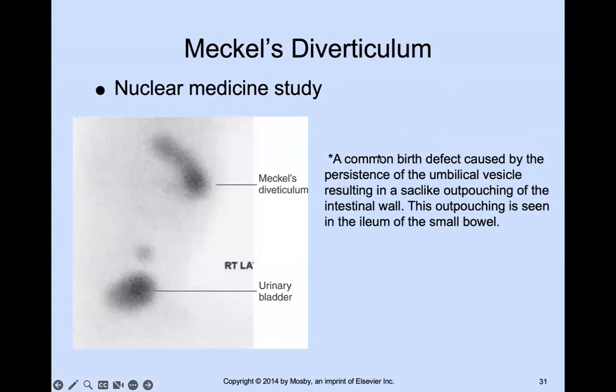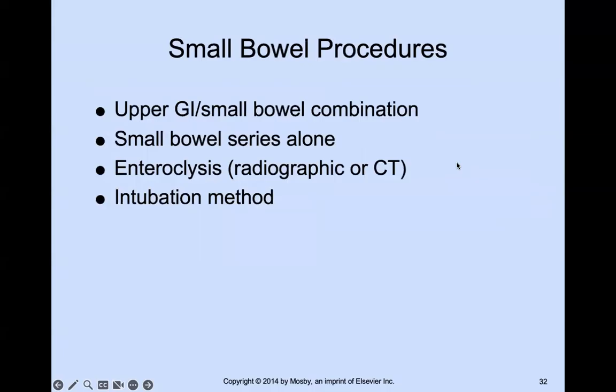Meckel's diverticulum, what you do need to know about this is it's best identified under nuclear medicine. This is a nuclear medicine study, and it's a common birth defect. All right, so these are the different exams that we're going to be reviewing for small bowel procedures: a small bowel series alone, enteroclysis, and an intubation method.